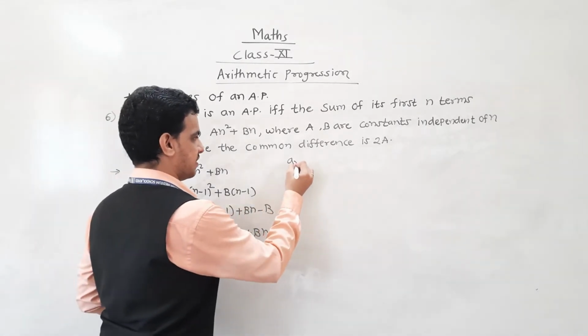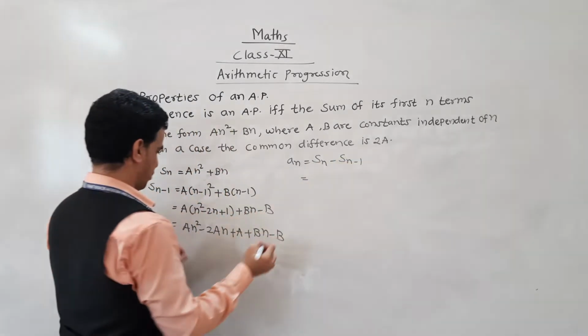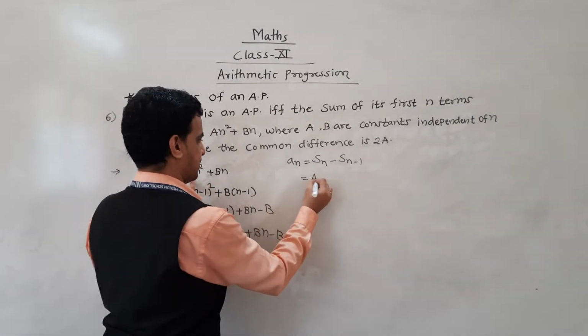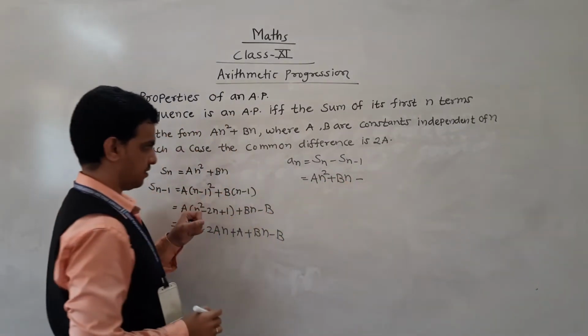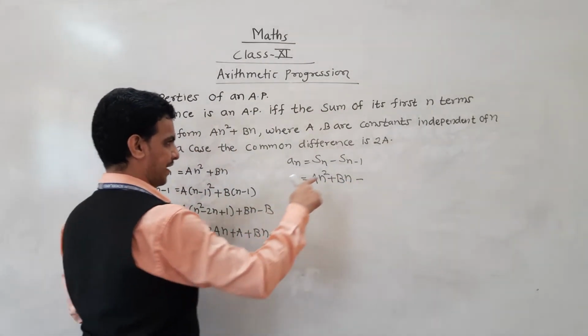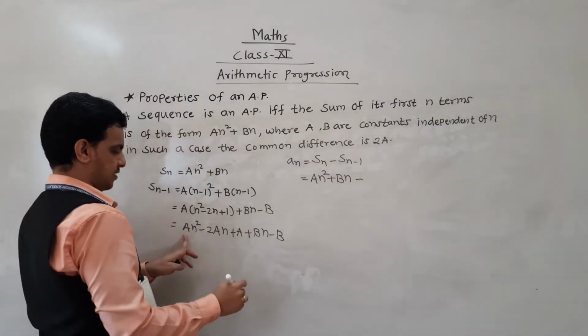So an is equal to Sn minus Sn minus 1. So Sn is an square plus bn, minus Sn minus 1. Now I am writing the minus directly, because the signs will be changed.